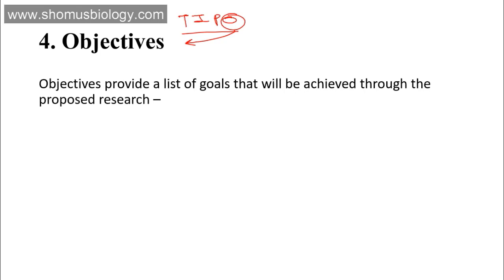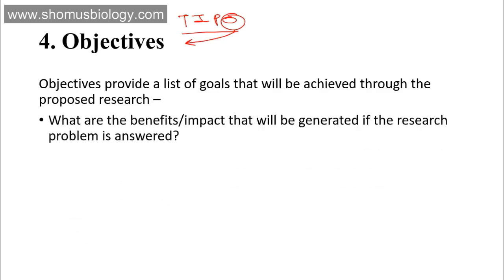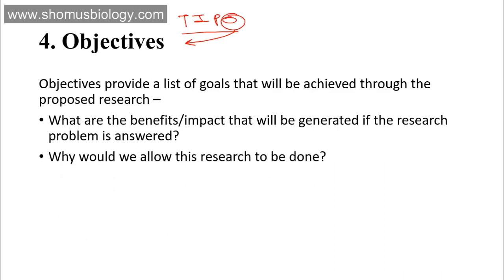Now it comes to the fourth step in TIPO. Here O stands for objectives. So what will be your objective? Objective is a list of goals that will be achieved through your proposed research. It should state what benefits or impact will be generated if the research problem is answered, and second, why we should allow the research to be done. These are the two important things.